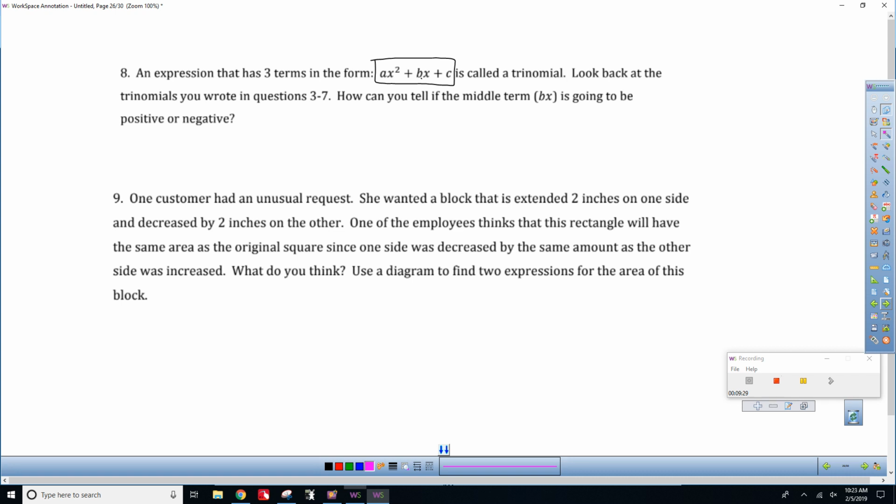One customer had an unusual request. She wanted a block that is extended 2 inches on one side and decreased by 2 inches on the other. That's not strange. Will this have the same area? Here's the question at hand.